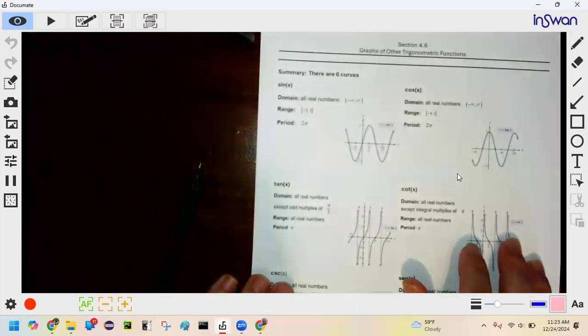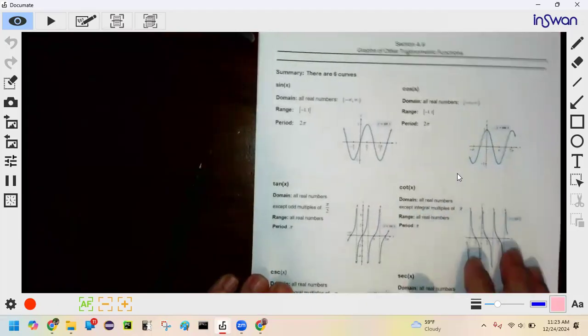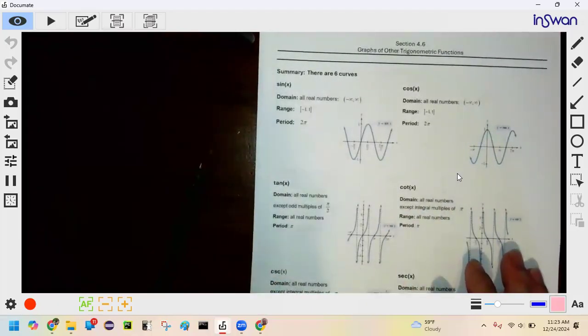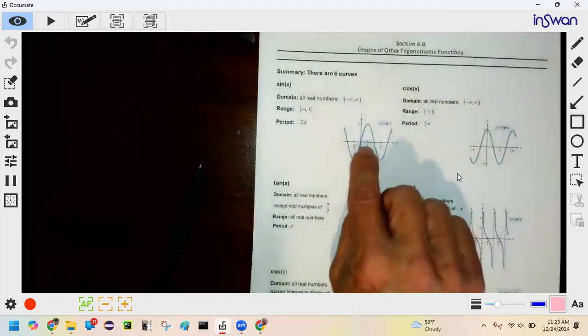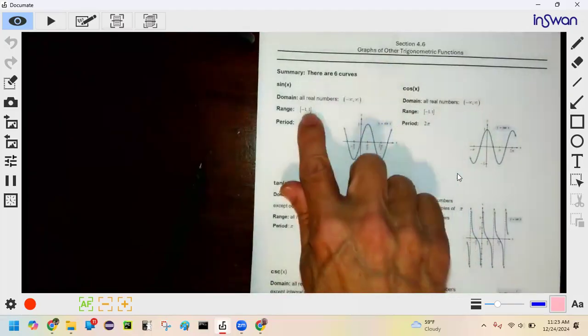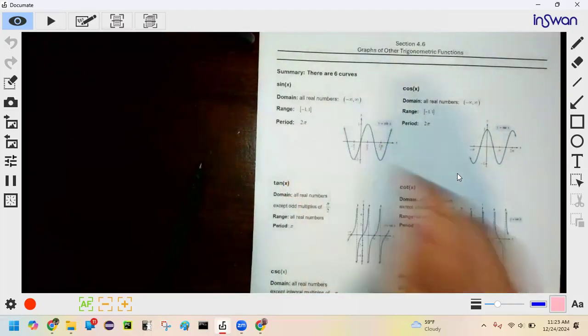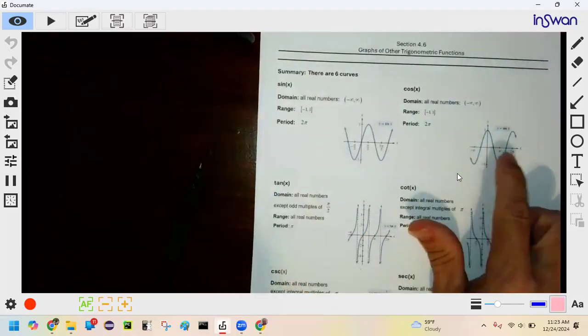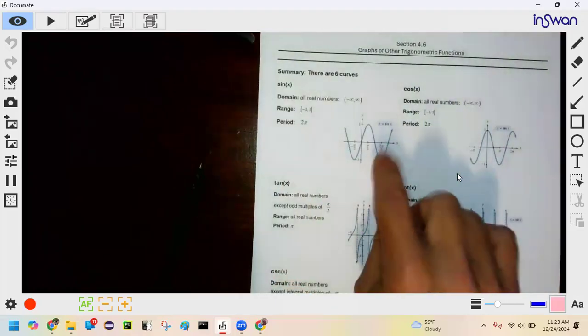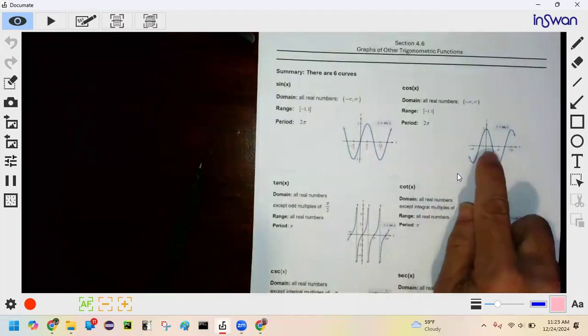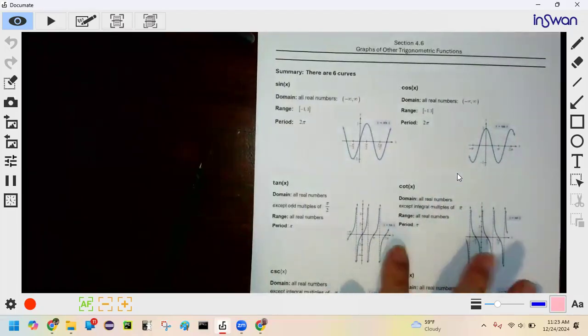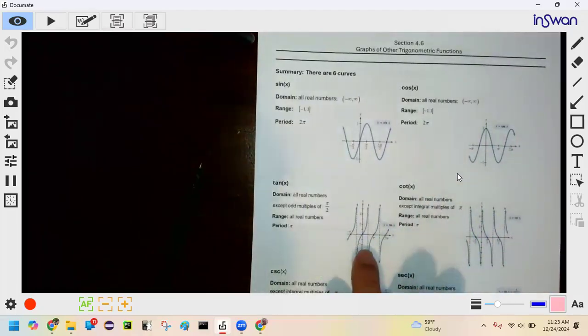Finally, this is just a summary of all 6 trig functions you'll be graphing. Sine starts at 0, 0, goes from negative 1 to 1, all real numbers, period 2 pi. Cosine starts at 0, 1. Same graph, just shifted to the left. Tangent and cotangent, you've got your asymptotes.